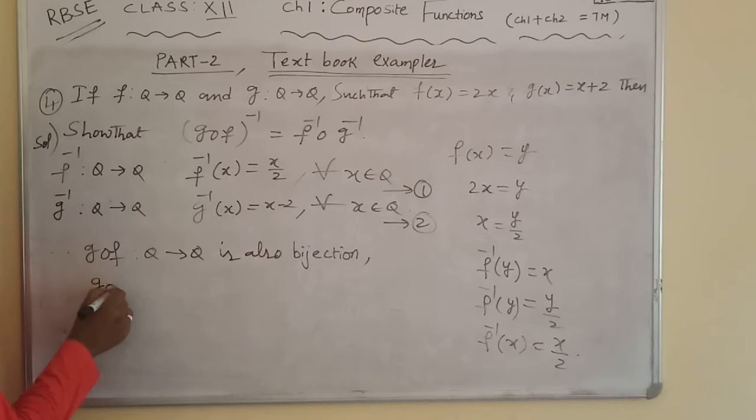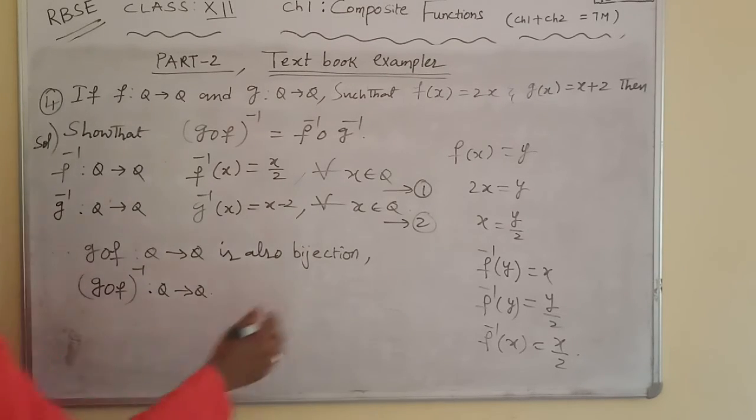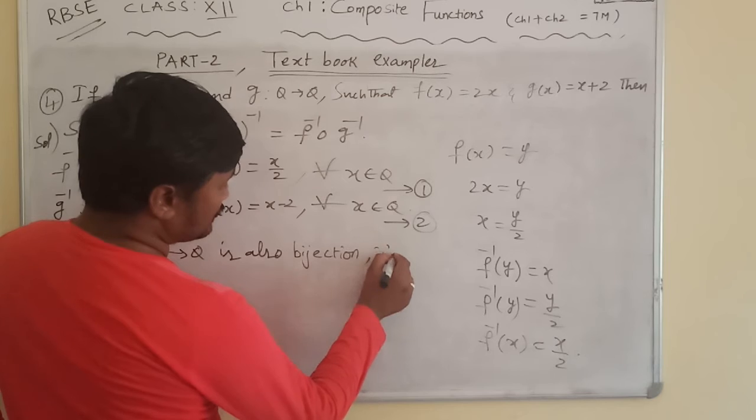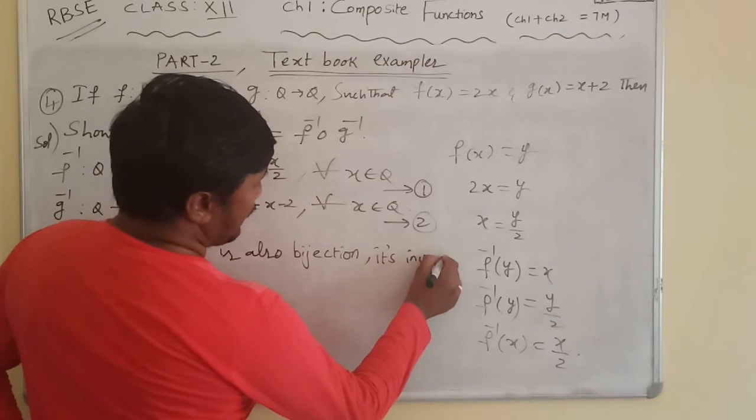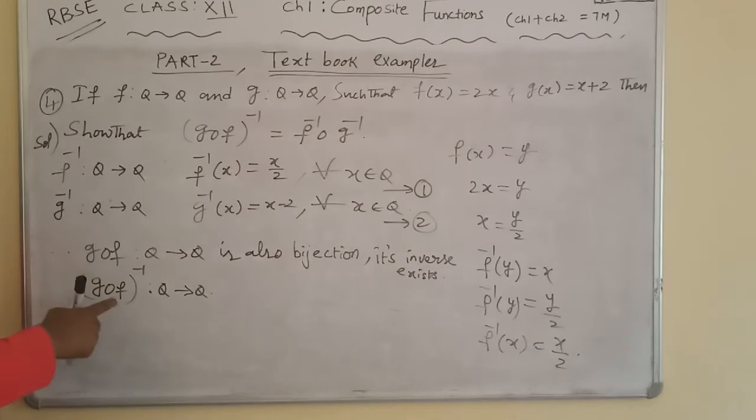You can write (g circle f) whole inverse, such that Q to Q. So at last what we can write? Bijection, its inverse exists. So (g circle f) whole inverse maps Q to Q. Another manner we can read this is (g circle f) whole inverse, Q maps to Q.